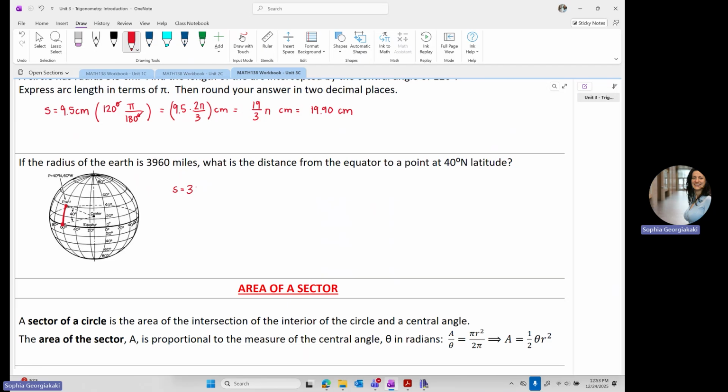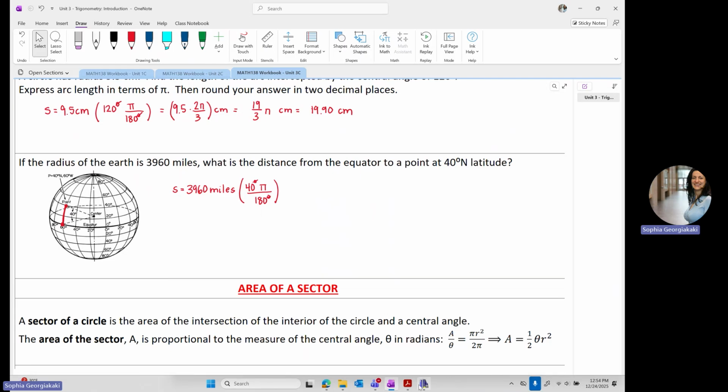It's not really a sphere, the Earth, but close enough for our purposes. The angle of 40 degrees needs to be converted to radians: times pi and divide by 180 degrees. The degrees will go away. The answer will be in pi.